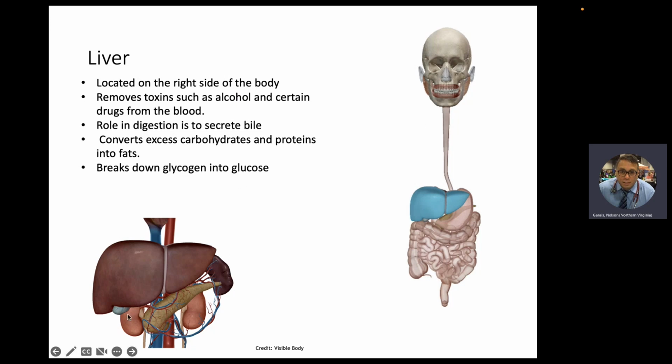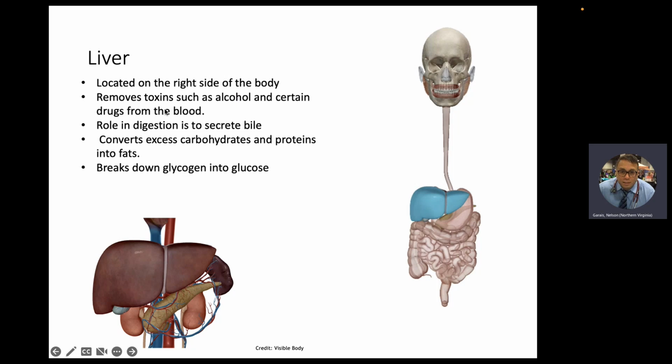And I mentioned earlier, remember the gallbladder right here? Its role is to produce bile, the emulsifier that emulsifies fat, and to secrete it, store it, and concentrate it in the gallbladder. So the production of bile is the liver, and the storage, concentration, and eventual secretion into the first part of your small intestine, which is the duodenum, is here at the gallbladder.